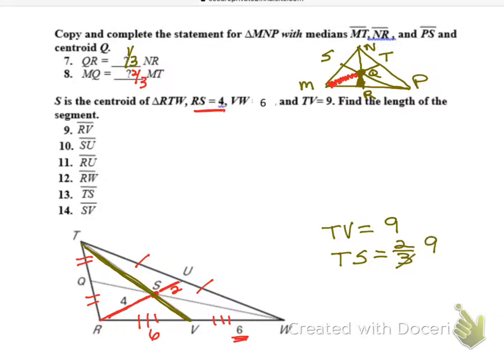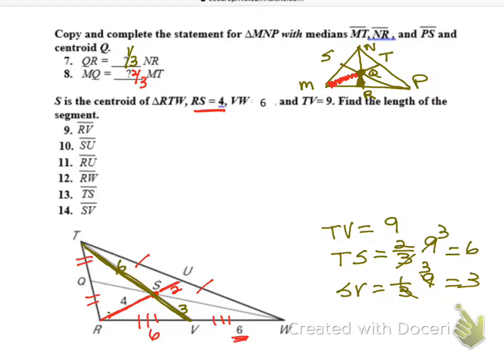So that means I can cancel like that. That's going to be 6. So TS is 6. And what else do I know? SV equals 1/3 of 9, which is also 3. But notice, 6 and 3 have the same relationship as 2 and 4 have. So the littler piece is always half the length of the bigger segment.